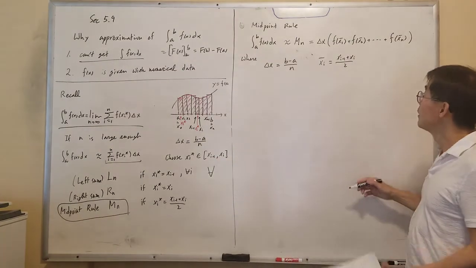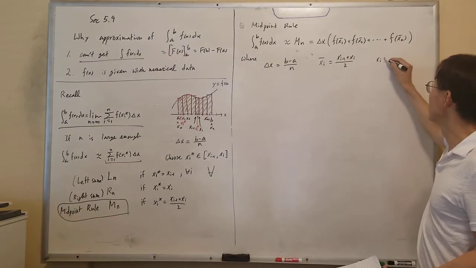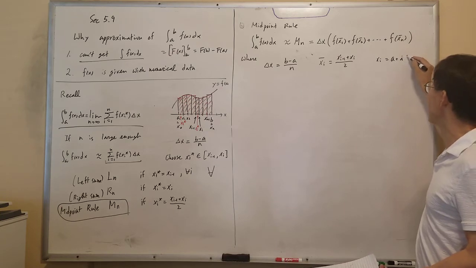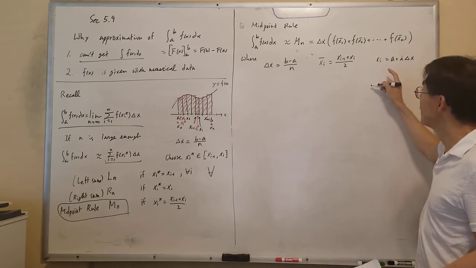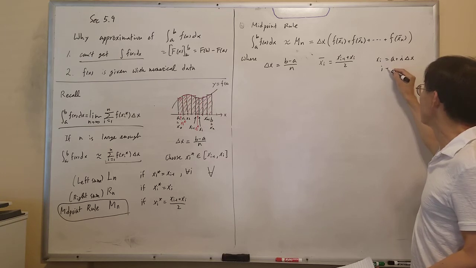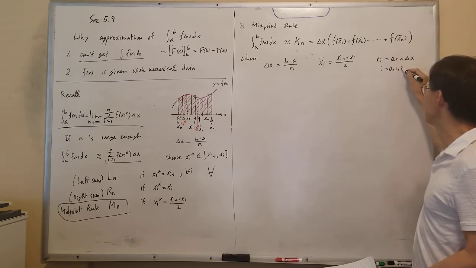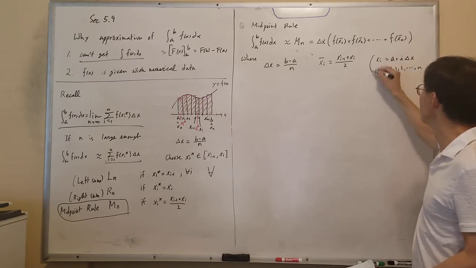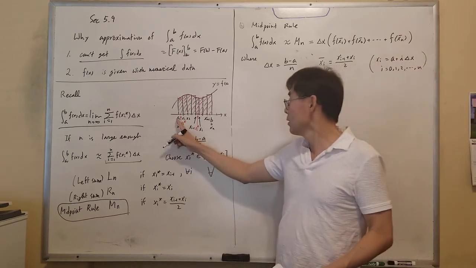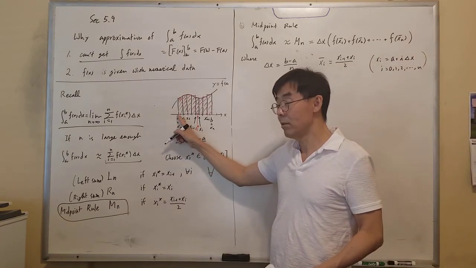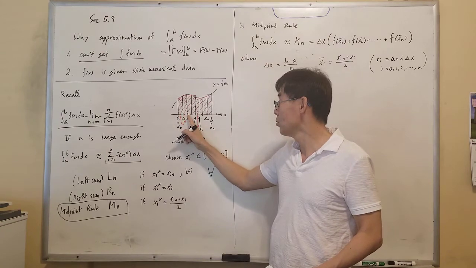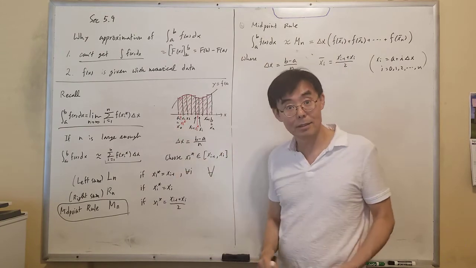And of course, xi is a plus i times delta x. i runs from 0, 1, all the way to n. See? x0, x1, a plus 1 delta x, a plus 2 delta x, a plus 3 delta x. Alright?